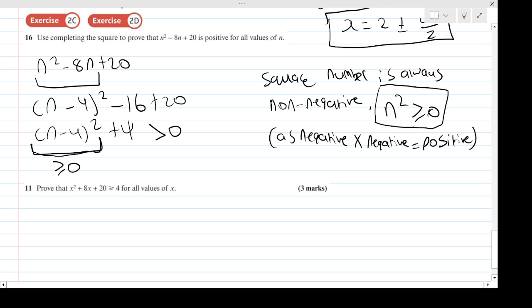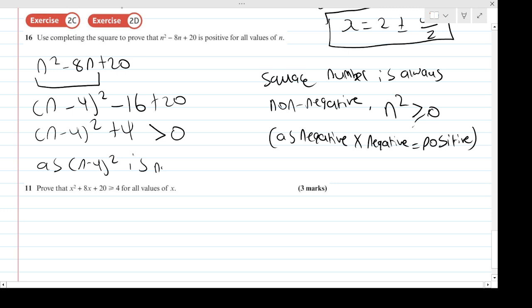But then I'm adding 4. So actually, this expression has to be at least 4. But then 4 is positive, so actually it's greater than 0, okay? And there we are, that's essentially it. So we proved that it's positive, greater than 0, as n minus 4 squared is at least 0. I'm going to use inequalities.